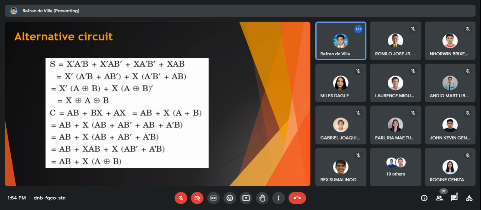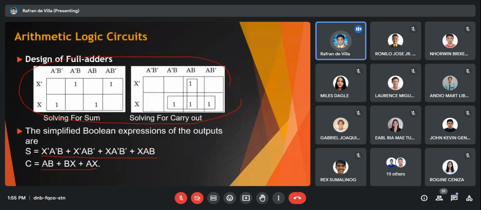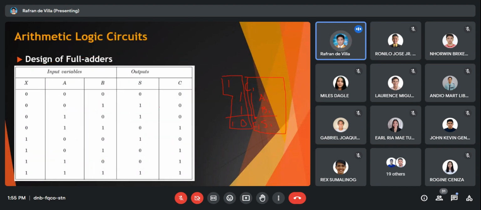And indeed, by combining strategic groupings in your product terms, we are able to extract the implementation for the sum to simply make use of XOR operation.